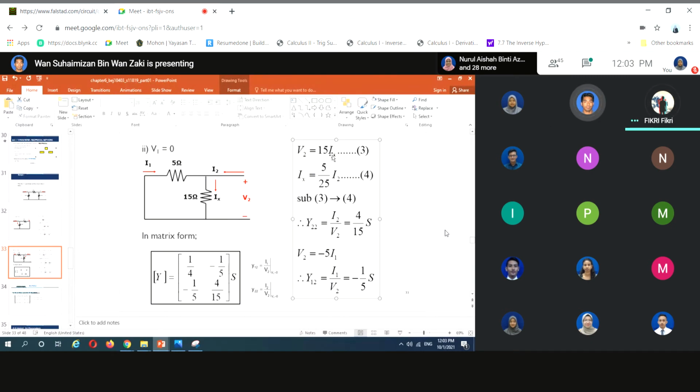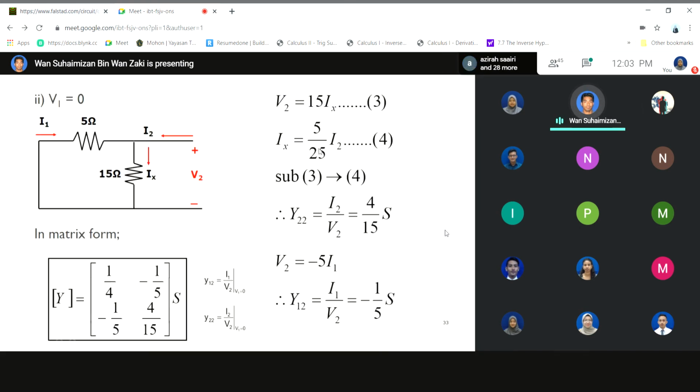Yes. 4 over 15. Betul lah, jawapan dia betul kan? Depan betul, sini je salah kan? Sini sepatutnya 20, right? Jawapan dia betul. Okay, good. Right, so here you need to make it 20 here, not 25, but the answer is correct, right? 4/15 S.